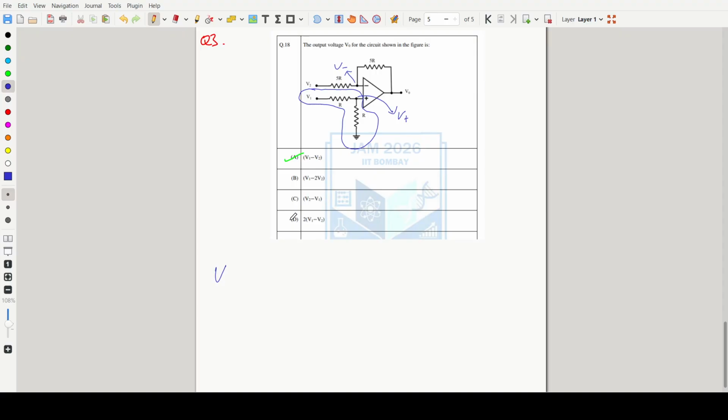Using the voltage divider rule to find V plus, it's very simple: it's V1 times the second resistor over the sum of the two resistors, so 2R. So V plus is at the potential V1 over 2. Now, because of negative feedback and virtual short, V minus is also at this potential.